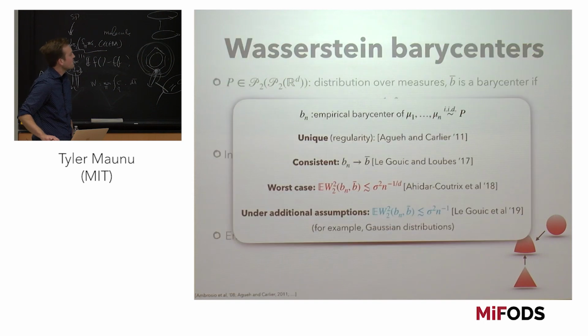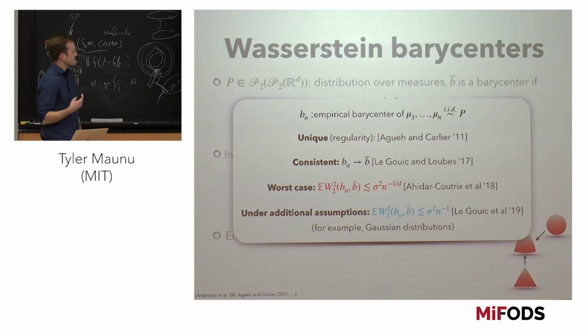Now, some stuff is known about these barycenters. So let's say that I sample n measures from this continuous distribution P up here. Under some regularity assumptions on, say, the mu's, I can get uniqueness. We get consistency: as n goes to infinity, I get convergence in Wasserstein distance of B_n with this true barycenter B bar.